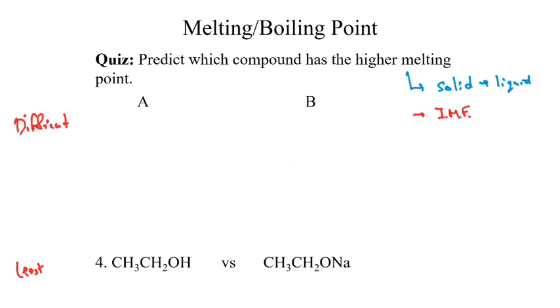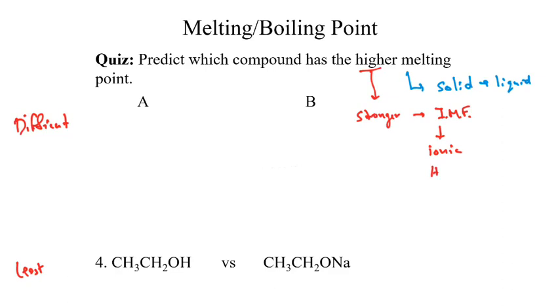If I have a higher melting point, I have to put more energy in to break that force, which means higher means stronger intermolecular force. So when I'm going through to predict which one has the higher melting point, what I'm trying to do is identify the intermolecular force that is highest in strength.